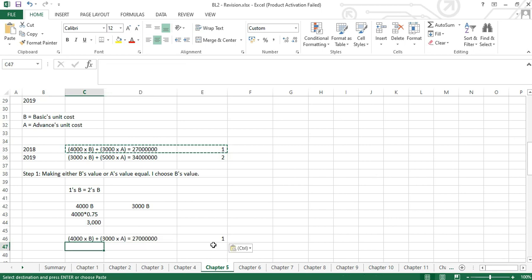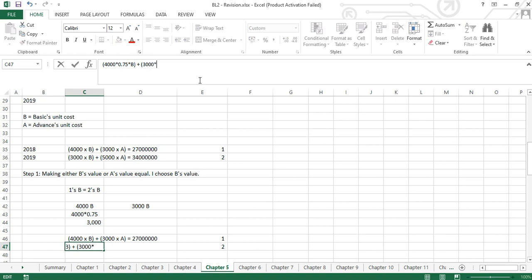So there will be a second equation that I'll be developing, where I multiply 4000 by 0.75 into B plus 3000 into 0.75 into A equal 27 million into 0.75.